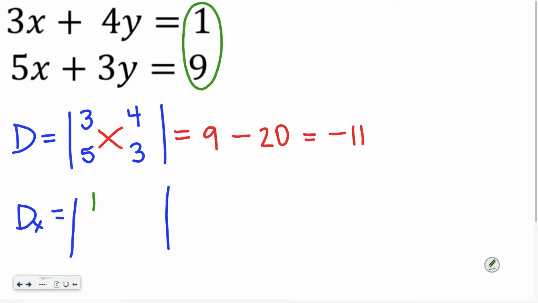So the x column is 1, 9, and we keep the other column the same. Do you see how we changed that? The x column changed because we're finding d sub x.